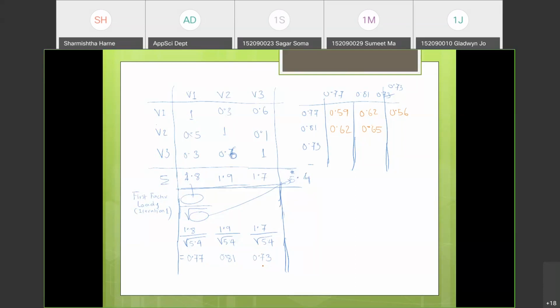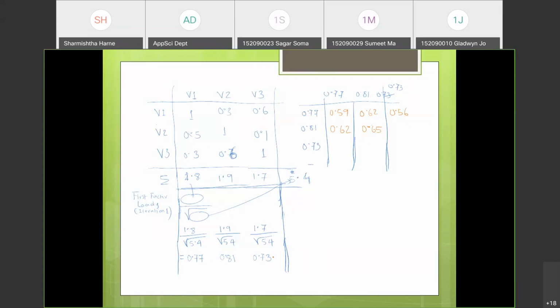But a factor loading matrix will have factor loadings for every factor. We have not decided on the factor here. So it probably doesn't have a name in this method. And people don't talk about this method that much also. So we can call it interim factor loading matrix. This is the factor loadings of the first factor.